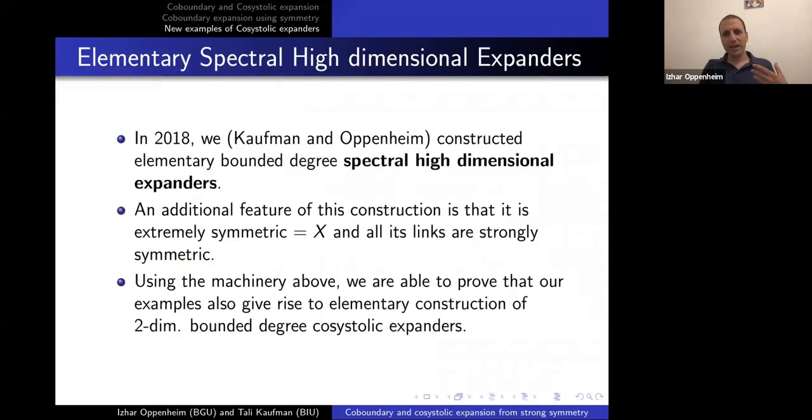With this machinery, if we apply everything and study the groups, we can deduce local coboundary expansion, namely show that links of vertices are local coboundary expanders, and then hit it with the Kaufman-Oppenheim theorem and prove that they give new examples of bounded degree cosystolic expanders.